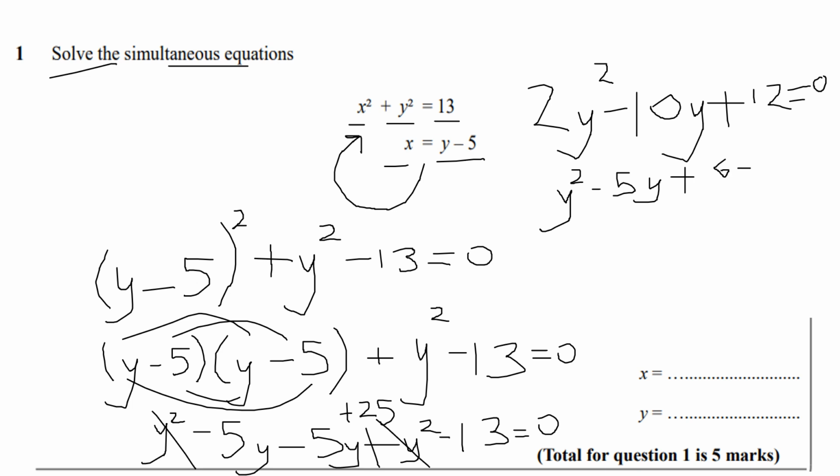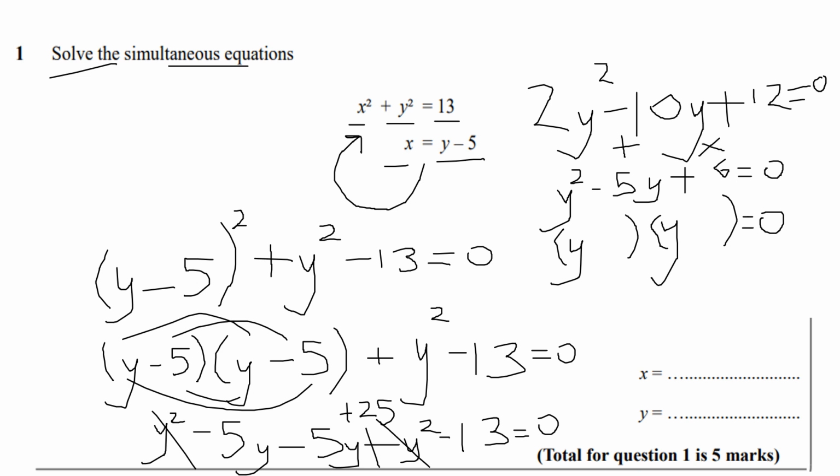This is a quadratic that I can solve either by the formula, completing the square, or factorizing. I'm going to go about it by factorizing. Not all the time will your quadratic factorize. If it doesn't, then my go-to method is to use the quadratic formula, or even complete the square. That's also fine. So to make y squared, I do y times y, and then what's next? Well, I want two numbers that add to make minus 5, and the same two numbers times to make positive 6.